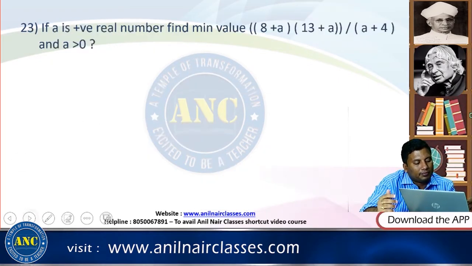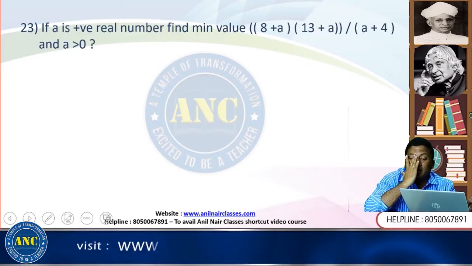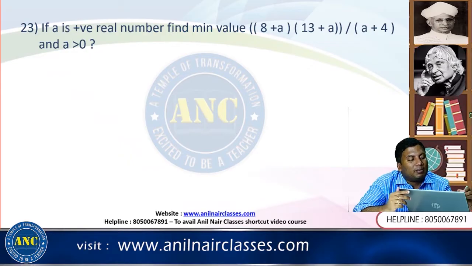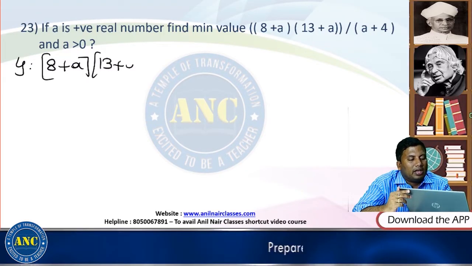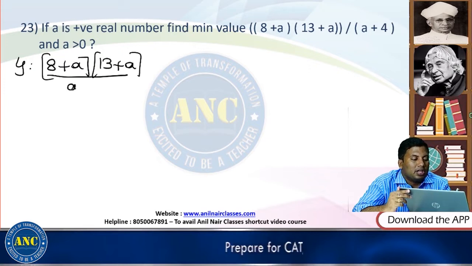23rd. If A is a positive real number, find the minimum value of 8 plus A into 13 plus A divided by A plus 4. This is the expression.